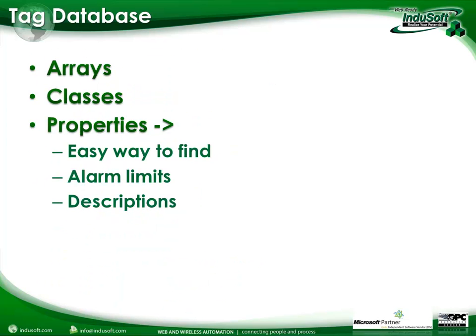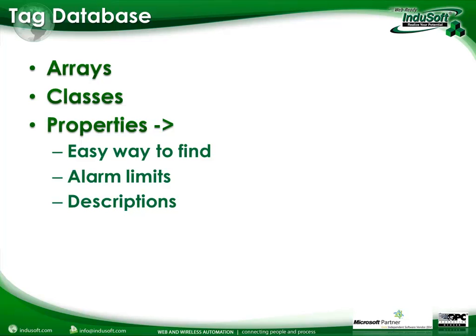Of your particular application. So let's talk a little bit about databases. We talked about arrays and classes. It's a great idea for efficiency to use arrays and classes. Very quickly, within just a few mouse clicks, you can create a large number of tags by combining arrays and classes rather than creating individual tags for all your different items.